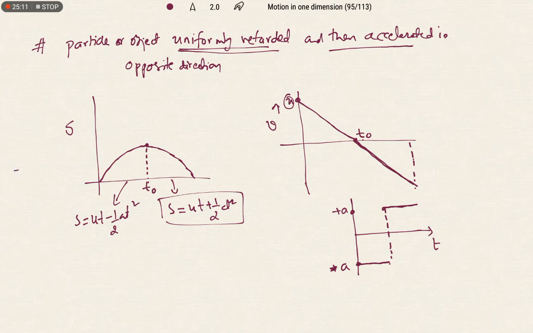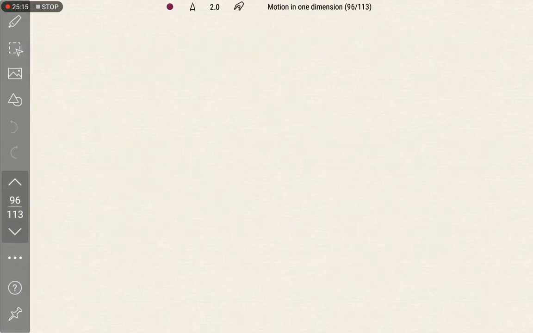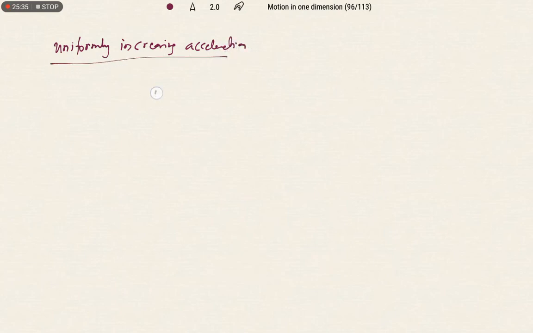Now let us discuss one more kind of motion: uniformly increasing acceleration. If acceleration is increasing uniformly, we are going to get a graph like this.